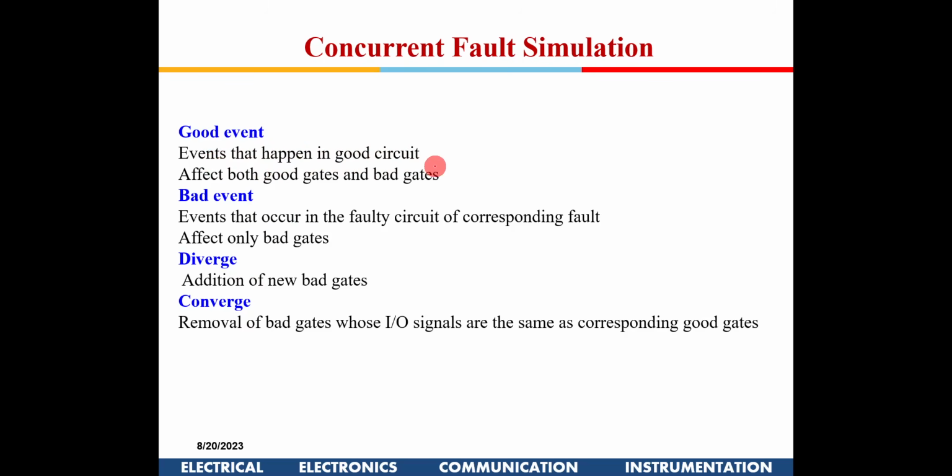A good event is an event that happens in the good circuit, which affects both good gates and bad gates. A bad event is an event that occurs in the faulty circuit corresponding to a fault. It affects only bad gates. Diverge means when we are moving from one test vector to another test vector, new gates will keep adding up.